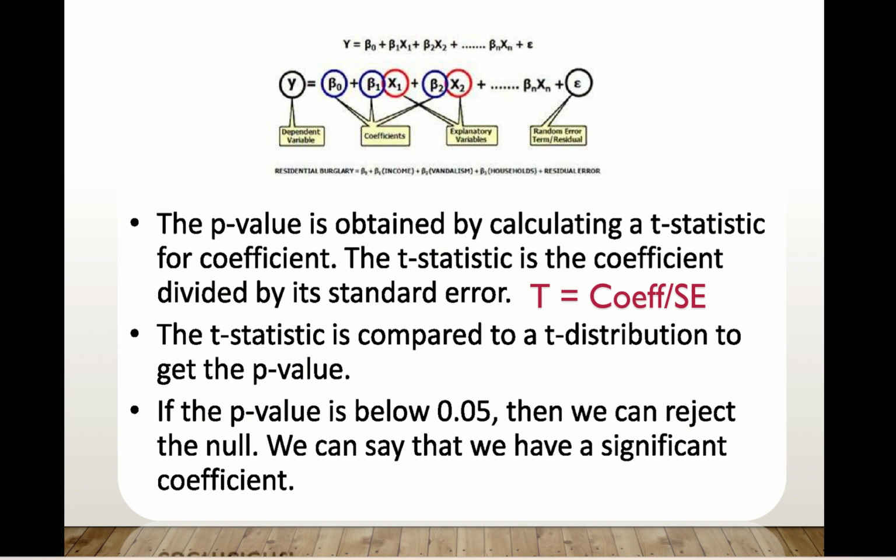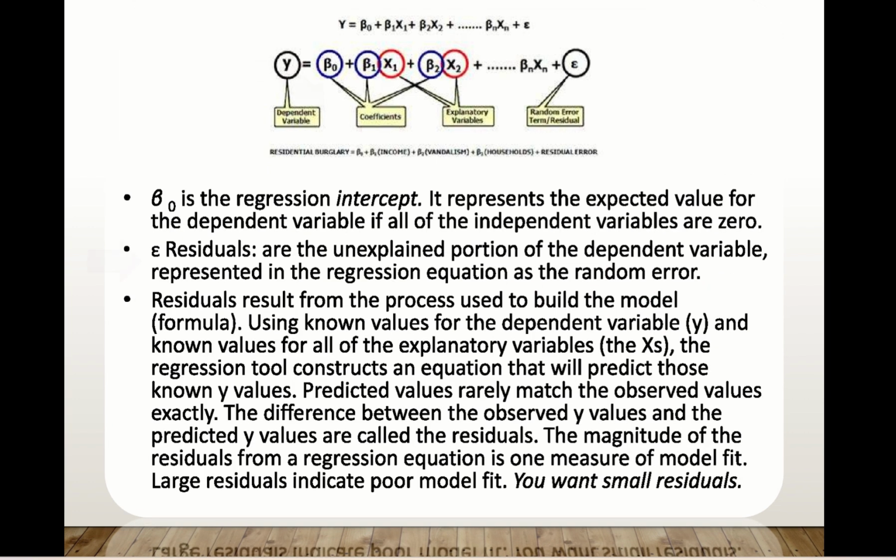We can calculate the t-stat by taking the coefficient divided by its own standard error. And then we can compare that t-stat to the t-distribution to get a p-value. If we get a p-value that's exceedingly low, say below an alpha value of 0.05, we can reject the null hypothesis that there's no predictive value for that variable, and we can say that in fact it is a significant predictor of the dependent variable.